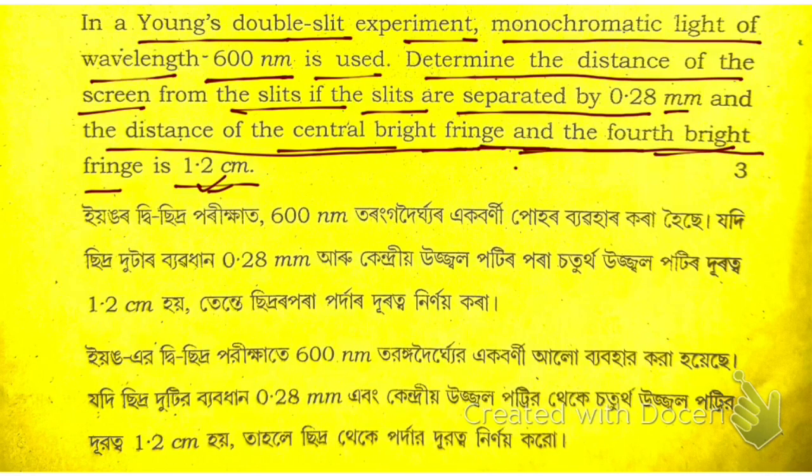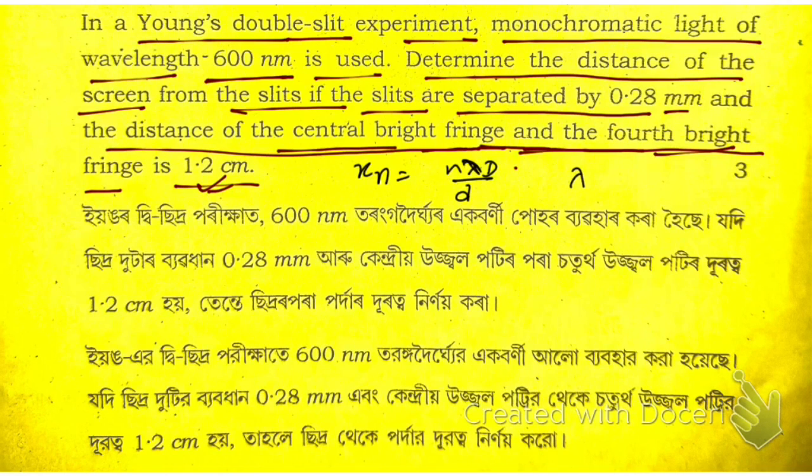Okay, so here we are going to use this formula, that is, the position of bright fringe is given by xn is equal to n lambda capital D by small d. Here, what is the given information in this problem?